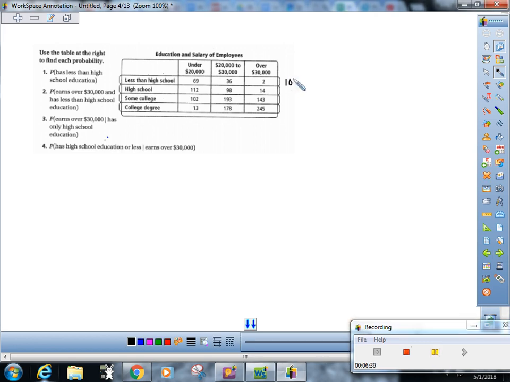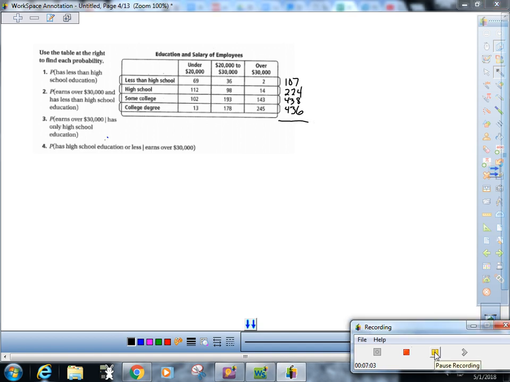You've got 107 people with less than a high school education, 224 with a high school education, 438 with some college, 436. Did you happen to add all those? Let's go ahead and do that. So we have 1,205 people that have been surveyed here. We'll go ahead and add our under 20 grand.